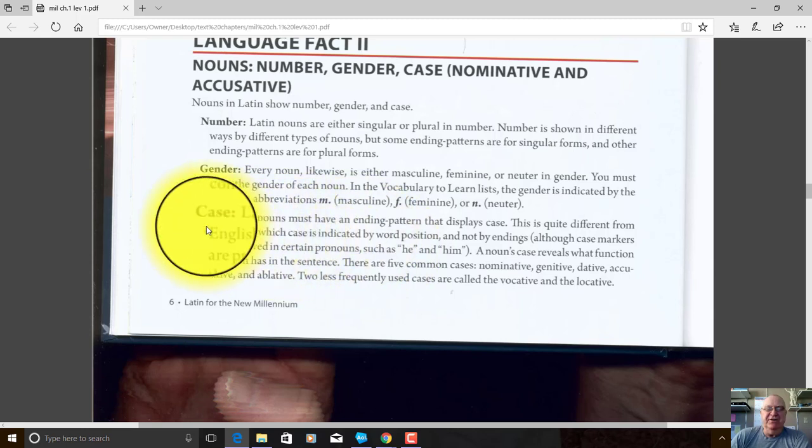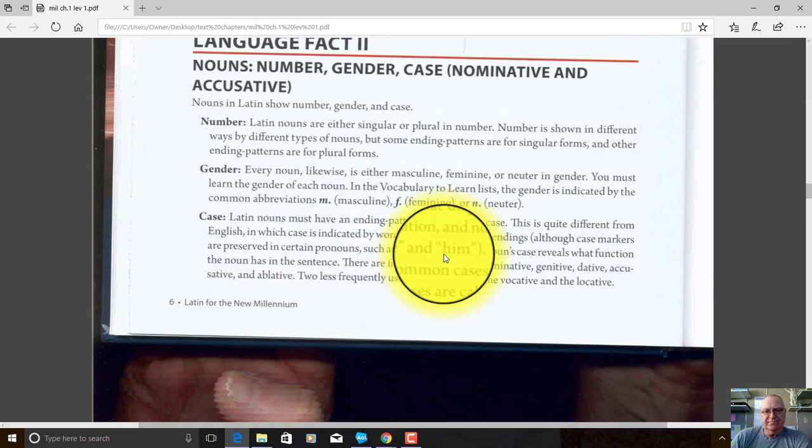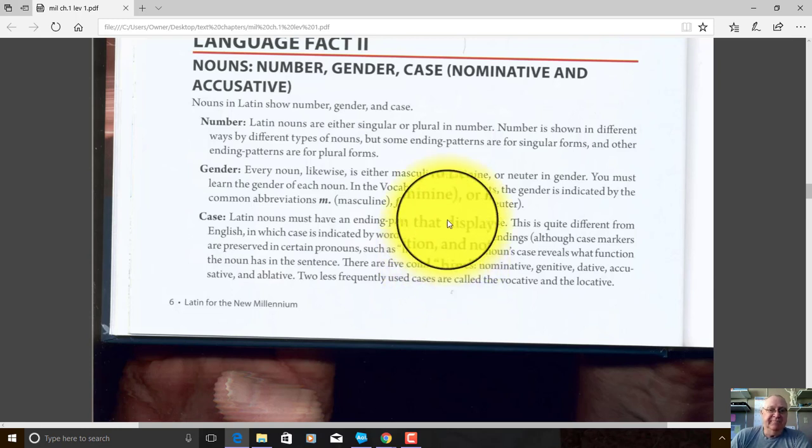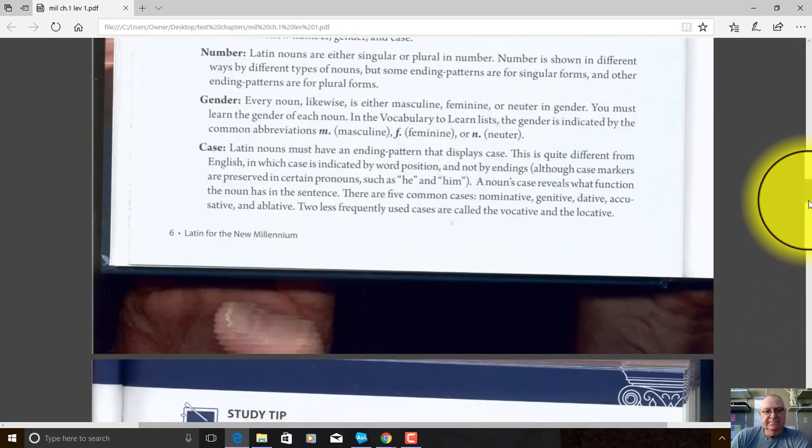Whatever the function is, it is called the case, and it will have a special ending for that. For words that end in -a, the nominative is -a and the accusative ends in -am. For words that end in -us, the nominative is -us, and the accusative is -um.